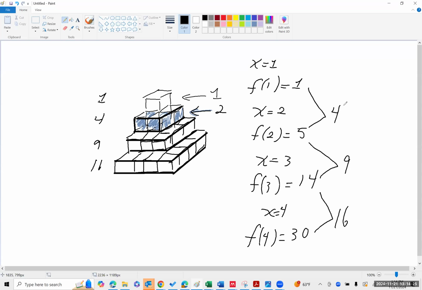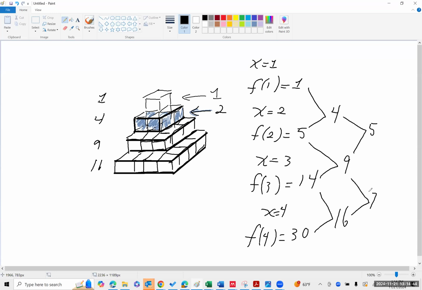That's the first difference. The second difference, 9 minus 4 is 5. And 16 minus 9 is 7.